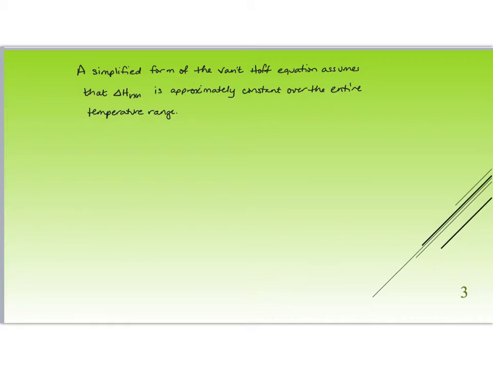If we make this assumption, it allows us to do the integration and write an expression for Ka at temperature 2 compared to temperature 1 as the natural log of Ka2 over Ka1 equal to negative delta H of reaction over R times 1 over T2 minus 1 over T1. And this negative came from the integration process. Now this is going to be appropriate if the temperature does not change too much.